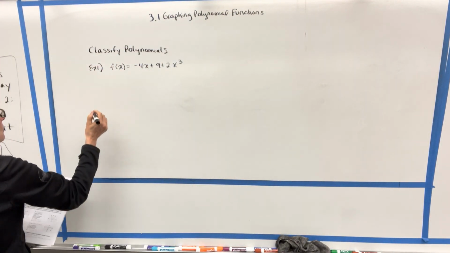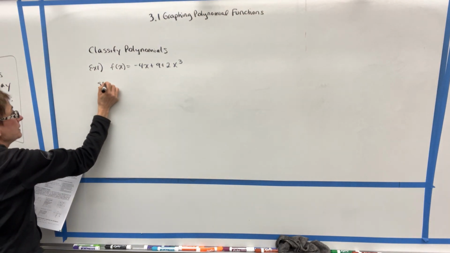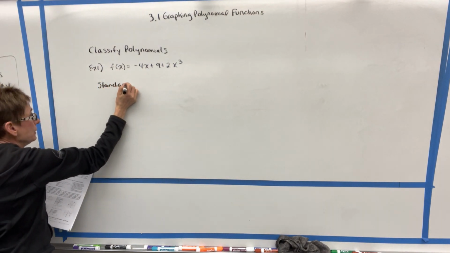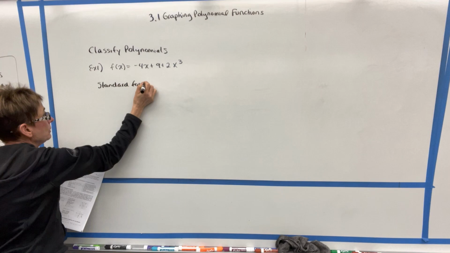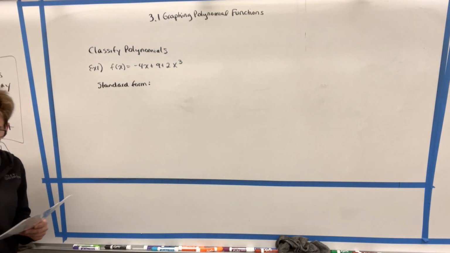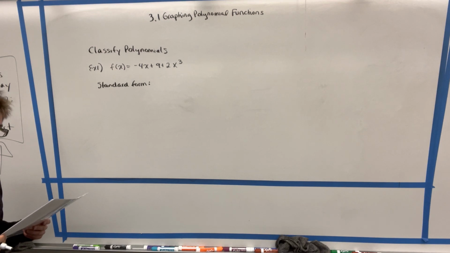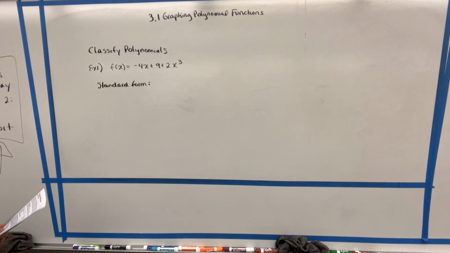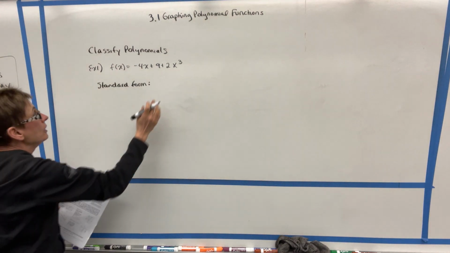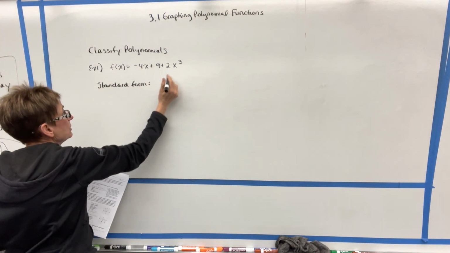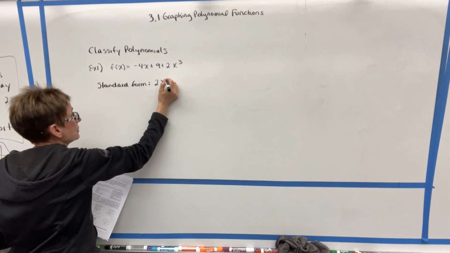We're going to talk about what standard form is for this. Standard form for a polynomial function means that you go from the highest exponent down to the lowest. You combine any like terms. There are no like terms to combine here, but the highest power is x cubed, so that should be our first term.